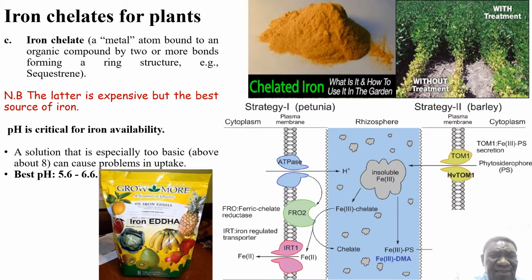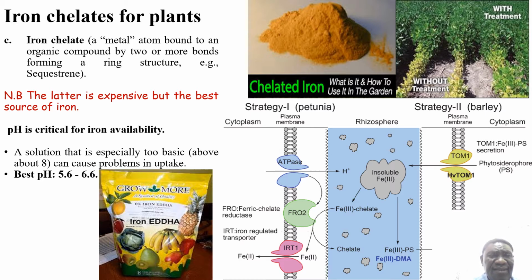Iron chelate is a metal atom bound to an organic compound by 2 or more bonds forming a ring structure, e.g. sesquiterene. Please note that the latter is expensive but the best source of iron.